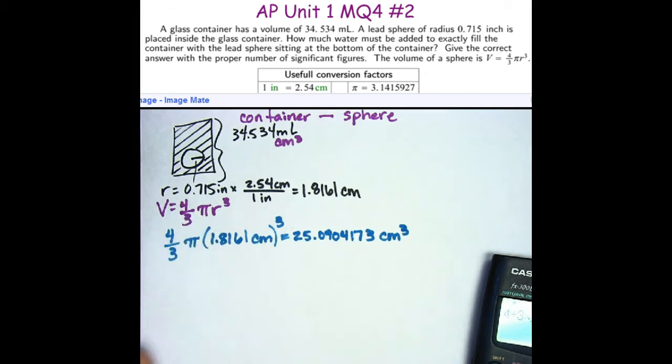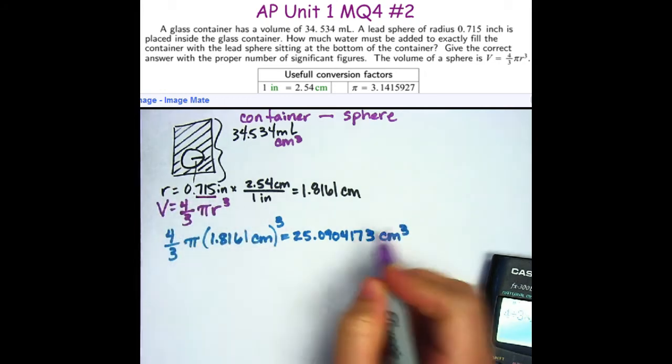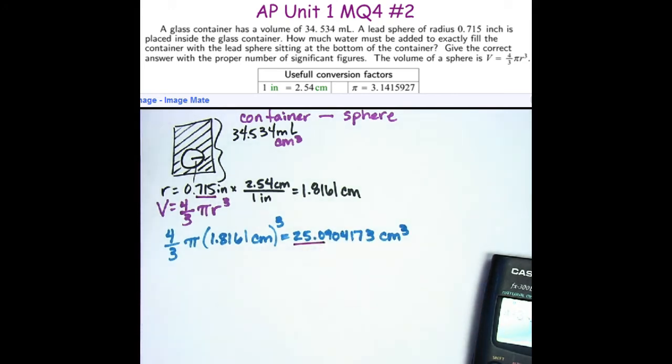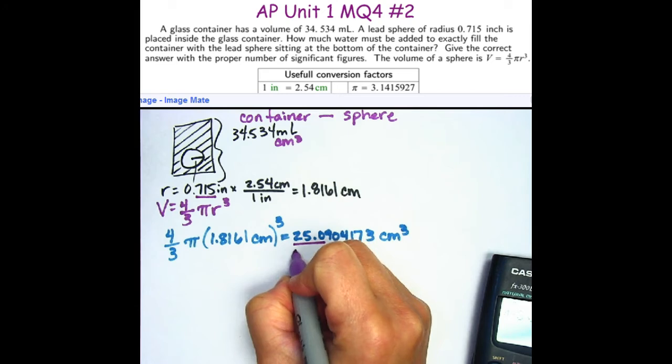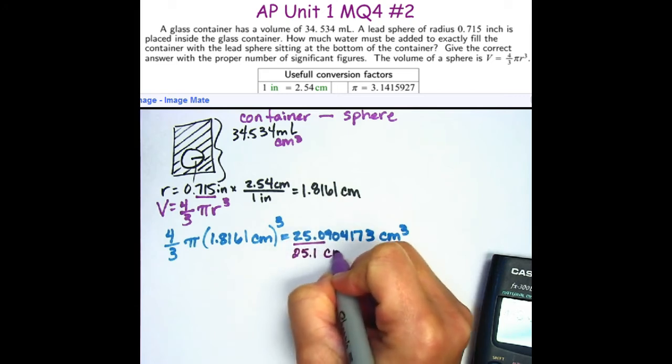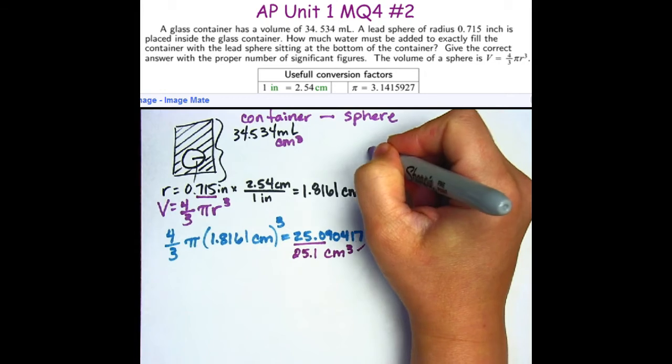So I started out with 3 significant figures here, which means I can only have 3 when I round this off. So the volume of the sphere will be 25.1 centimeters cubed, and that'll be the value that we'll place up here.